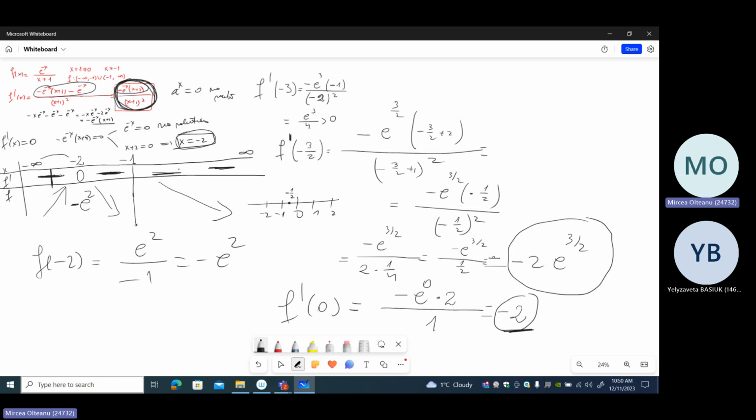The value of f at minus 1 doesn't exist, attention. And this is the behavior of the function. We know the monotony, and we know that it has only one local extremum, at x equals minus 2. It's a local what? Maximum? So this is a local maximum, yes?